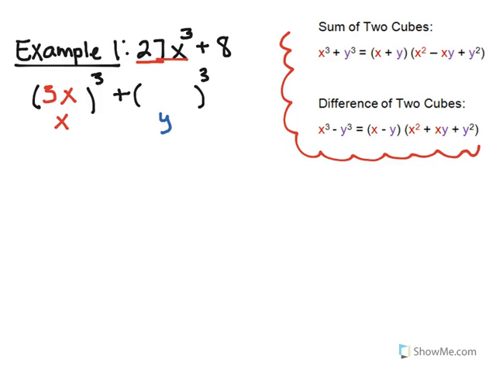My y is just going to be a number. It's not going to have an x in it. So what cubed is 8? And the answer there is 2. So now I have my x and my y, and now I'm going to follow this pattern. So it looks like it has a plus sign here.